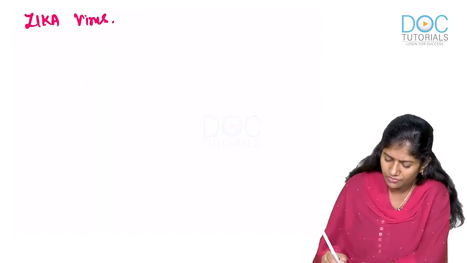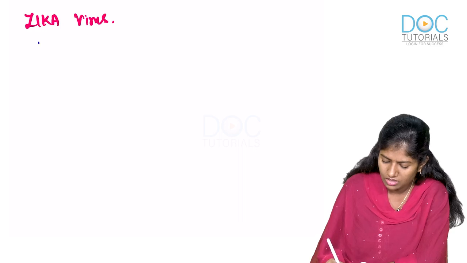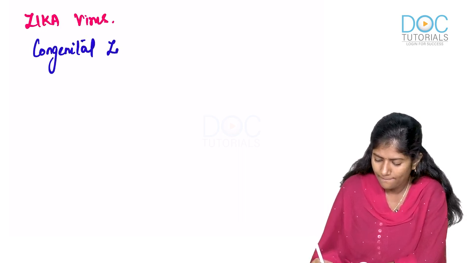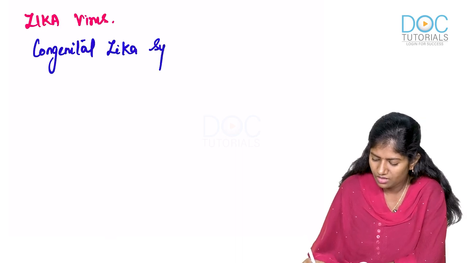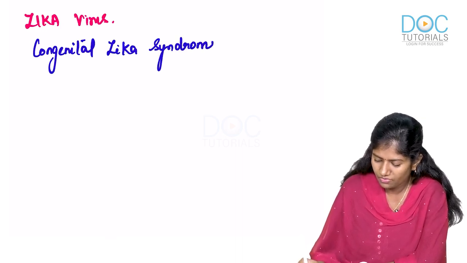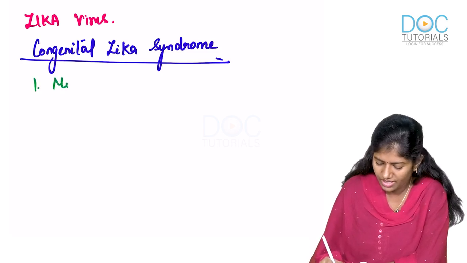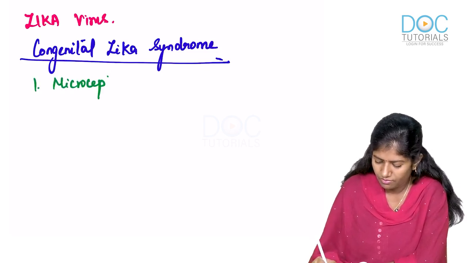So what are the features of congenital Zika syndrome? Number 1, microcephaly. Number 2, lissencephaly.